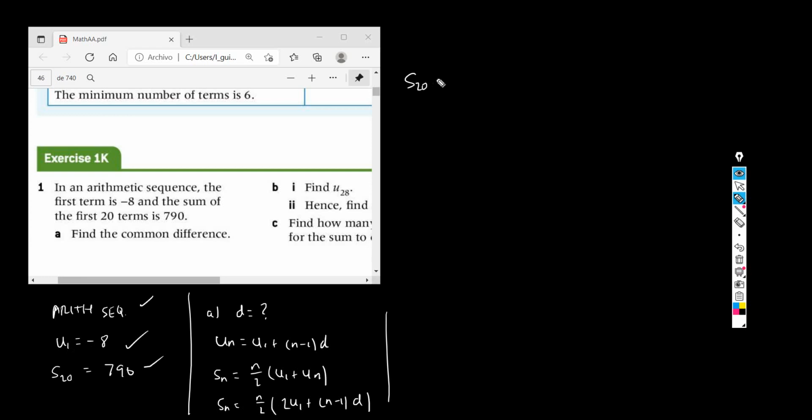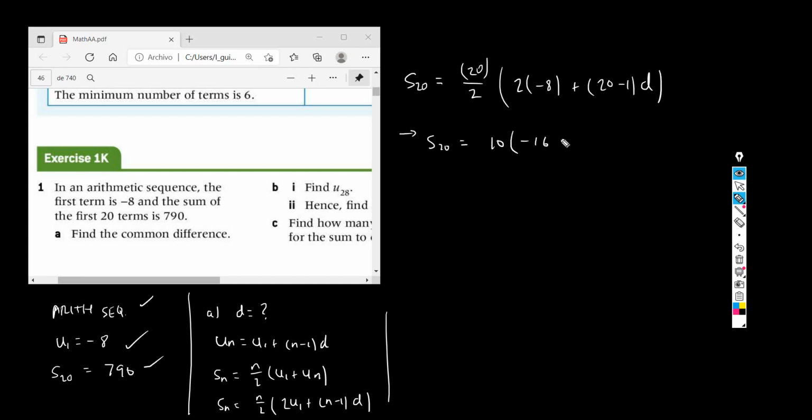I'm gonna write S20 equals 20 over 2 that multiplies 2 times the first term, which is -8, plus parentheses 20 minus 1 times the difference, you see? And basically that's it, guys. I'm gonna simplify just a little bit for you.